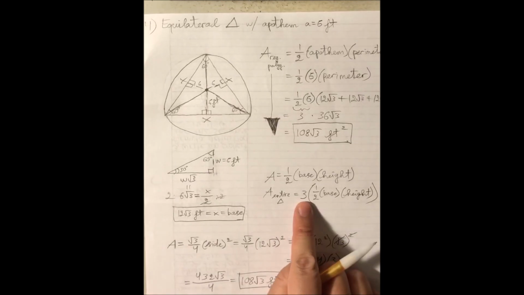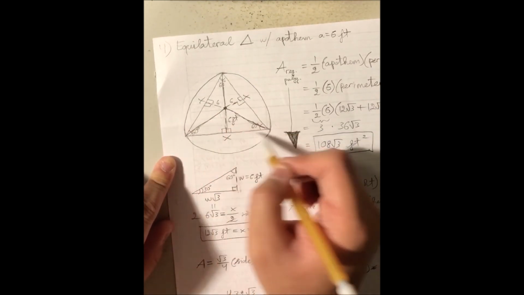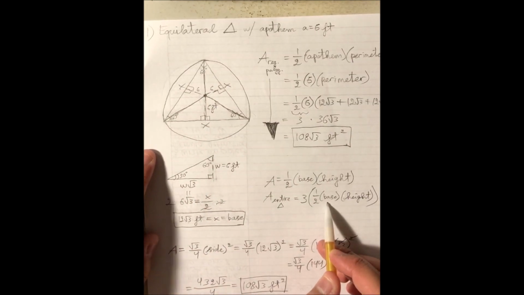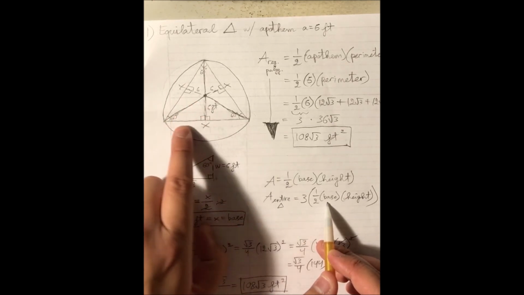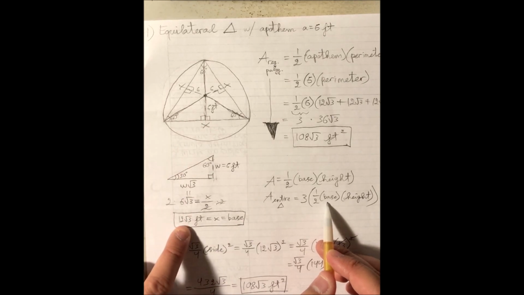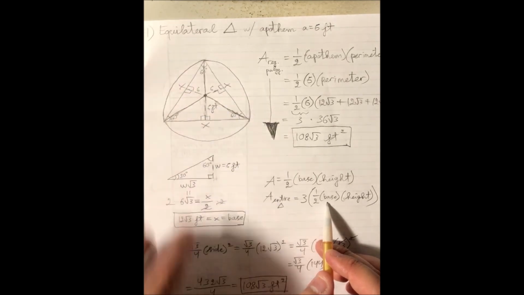This 3 comes from the fact that we got 3 triangles. This one, and this one. The base here is the respective base of each of these triangles. So the base of this triangle is the x, but we know x is 12 square root of 3. The base of this triangle is also x, and of course same thing for this.